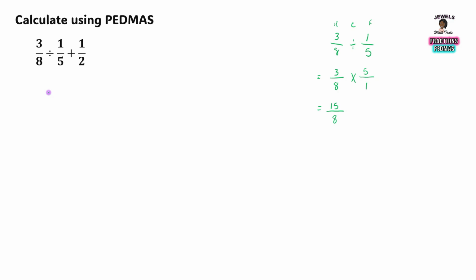Now, if you are someone that's not comfortable with adding a mixed fraction to a regular fraction or a proper fraction, my advice to you would be to leave it as an improper fraction, and then at the end, you can simplify your fraction by converting it back into its mixed fraction form. So for that purpose, I'm going to leave the fraction of 15/8 as it is.